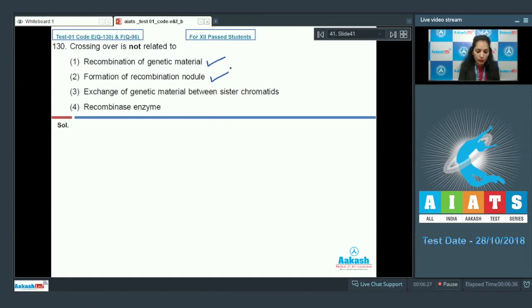Formation of recombination nodule, yes. Exchange of genetic material between sister chromatids, no. Exchange of genetic material takes place between non-sister chromatids of homologous chromosomes. So this is an incorrect statement.